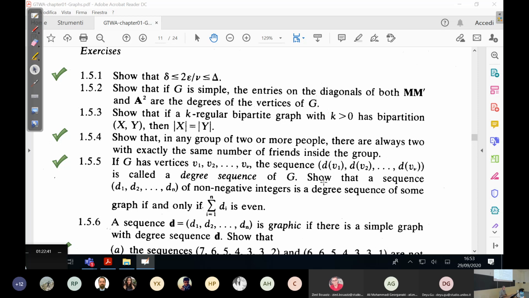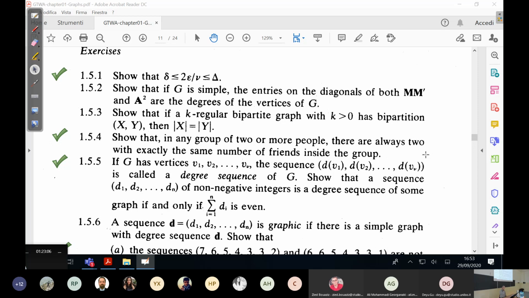Now first I translate into graph theoretical terms: take a simple graph, then there are always at least two vertices with the same degree. This is the graph theoretical translation.